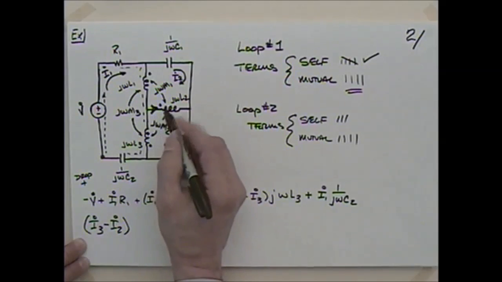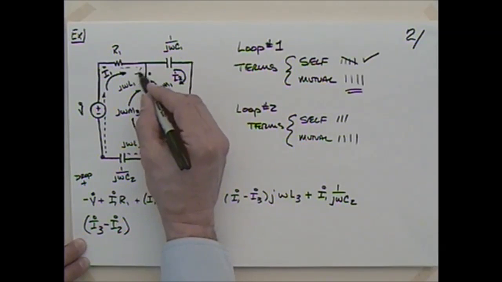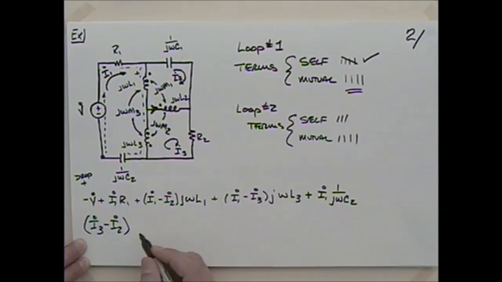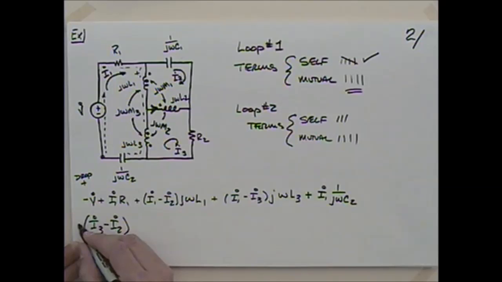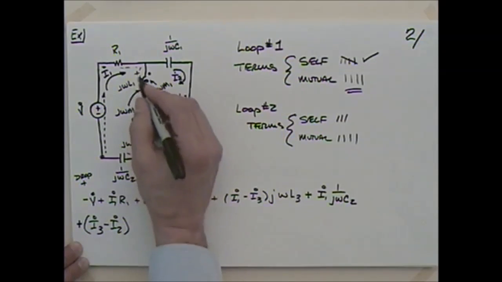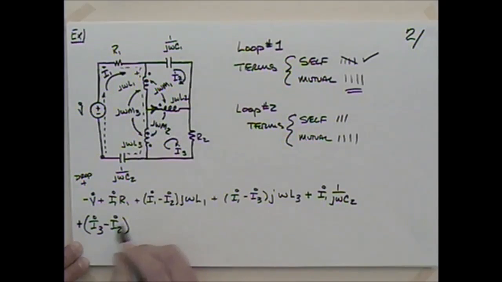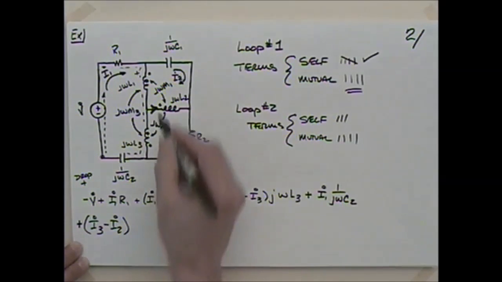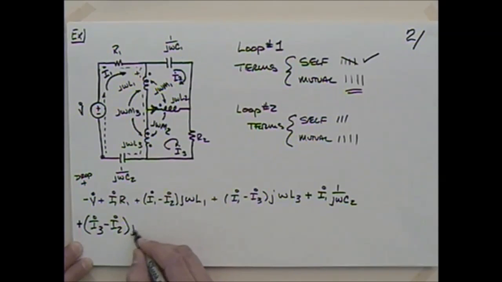And that's the current into that one, so that's going to induce a voltage that is positive at this dot here. So we went from positive to negative, so that's going to be a drop, isn't it? So I can say that I have minus, no, not minus, plus, because we're taking drops as positive, so it's going to go positive and negative, so plus. And then what would the mutual term be? j omega M1. Okay.